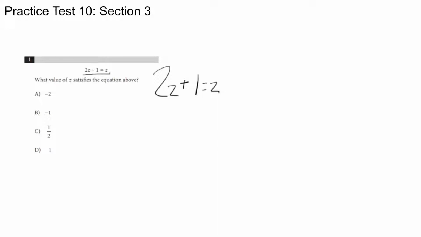So the first thing I want to do is combine my like terms. So I'm subtracting z from both sides. That'll leave me with z plus 1 is equal to 0. And again, I'm trying to get z alone. So I can subtract 1 from both sides, and I get z is equal to -1, which matches answer choice B.